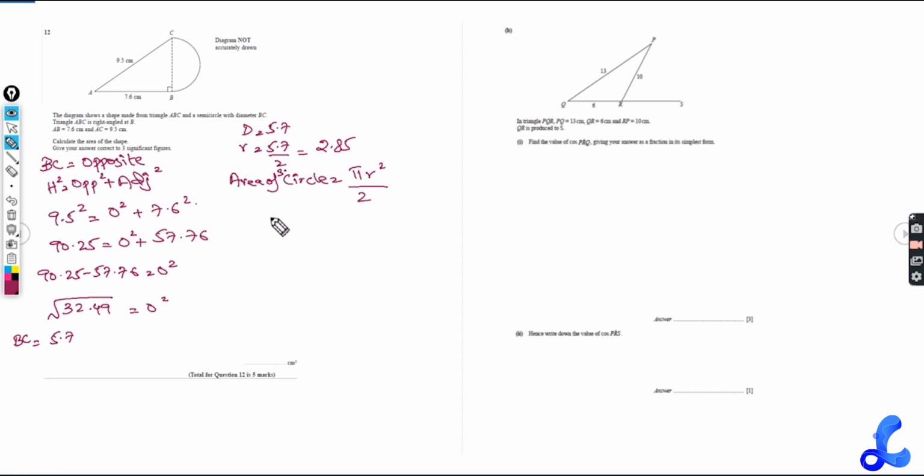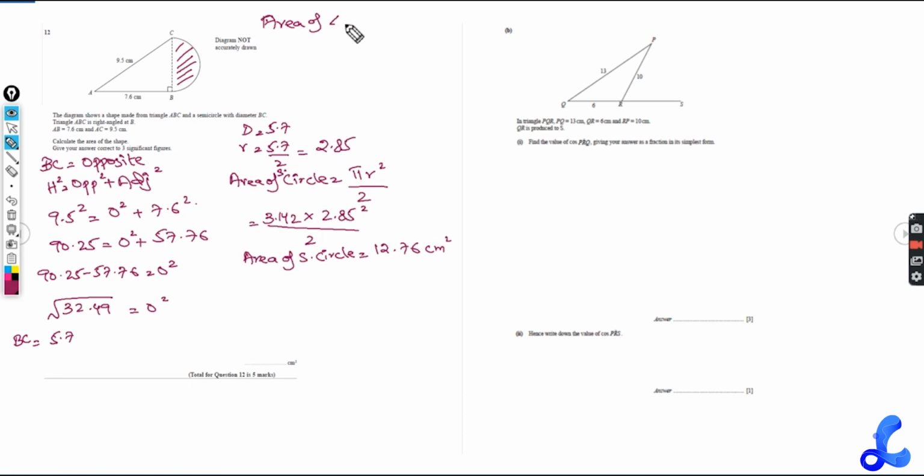So now let's put it in the formula. 3.142 I'm taking as pi over here, and 2.85 square divided by 2. So what I get, area of semicircle, equals 12.76 centimeters square. So 12.76 is the area for this semicircle. Now we also need to find the area of the triangle. Area of the triangle is basically easy.